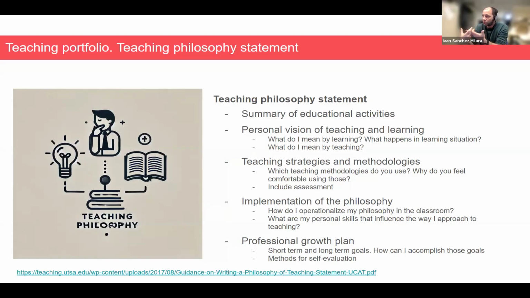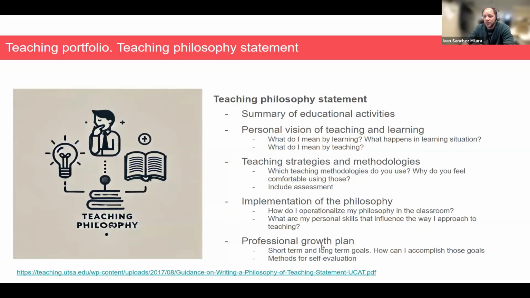So what is our vision of teaching? What is our vision of learning? Also, what are our teaching strategies and methodologies? Which teaching methodologies do we use? Which ones do we feel more comfortable with? And also, how are we going to assess the work done with students?